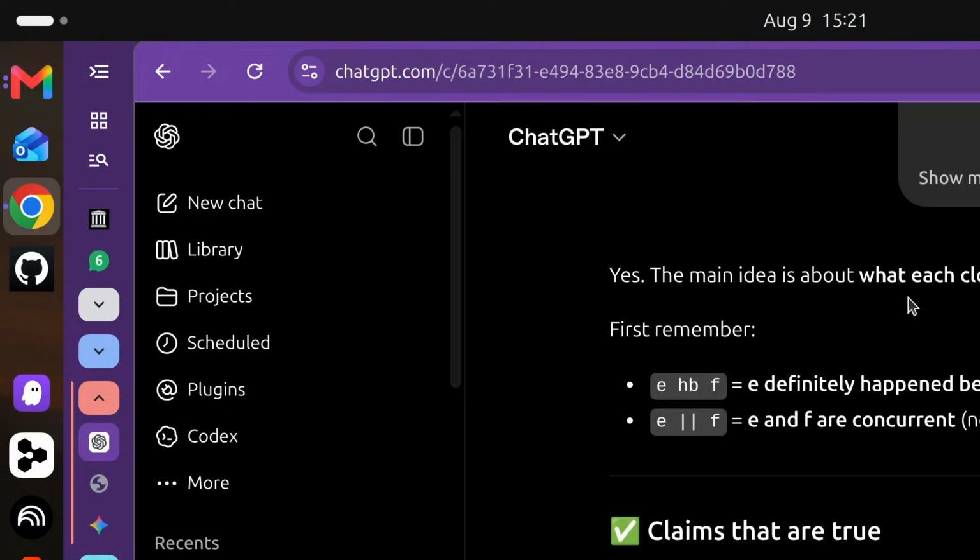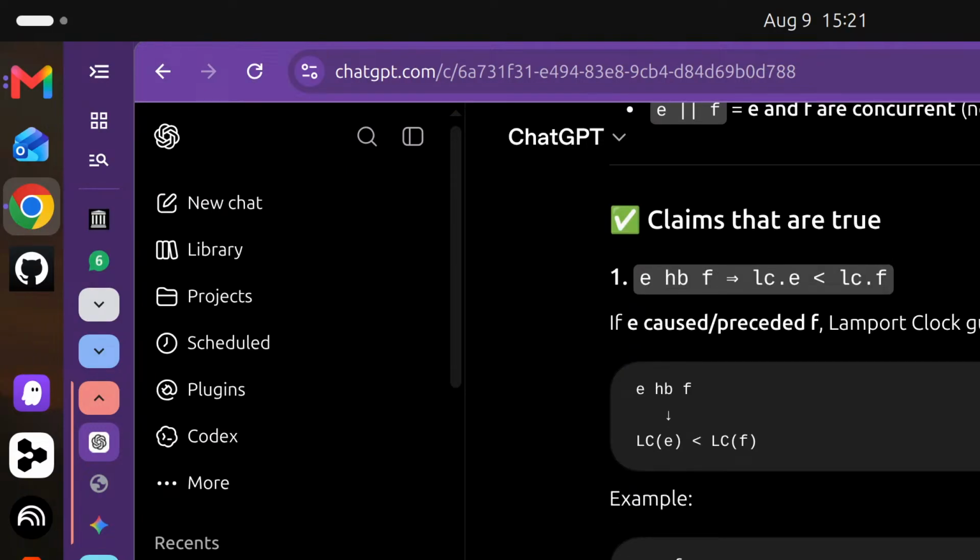So the main idea is what each clock can guarantee. First, remember: E happened before F means E definitely happened before F, and if E and F are concurrent, there is no causal relationship. Claims that are true: if E happened before F, then the logical clock of E is less than the logical clock of F. If E causally preceded F, then the Lamport clock guarantees this.